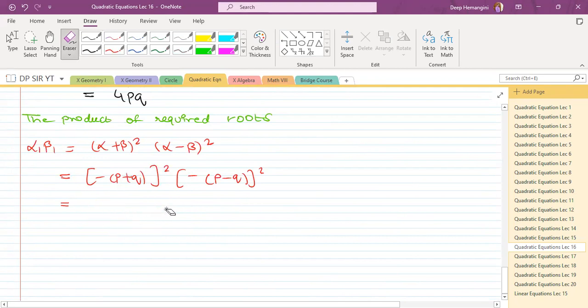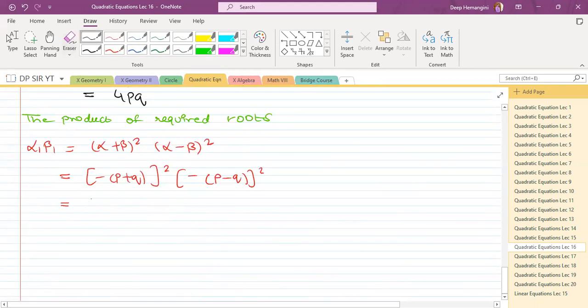So what will come? So here it's going to be minus p plus q the whole square. I didn't write minus outside. That's the reason I was making some. If you all are still confused, give me a moment.